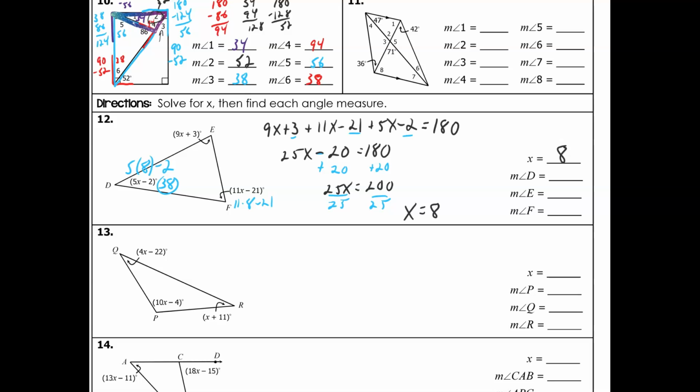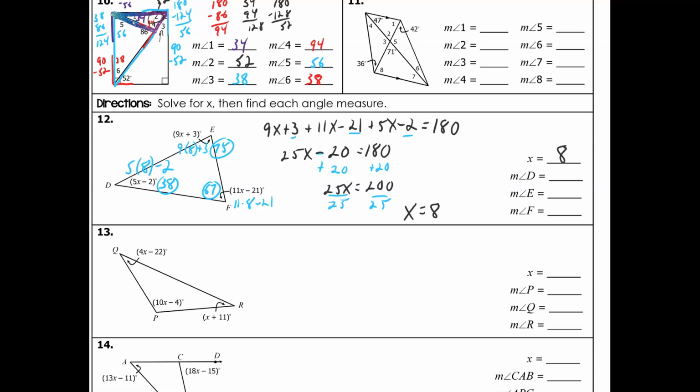I'm going to use my calculator for that one. 88 minus 21 is 67. So this is 67. And then the last one, we've got 9 times 8 plus 3. 72 plus 3 is 75.